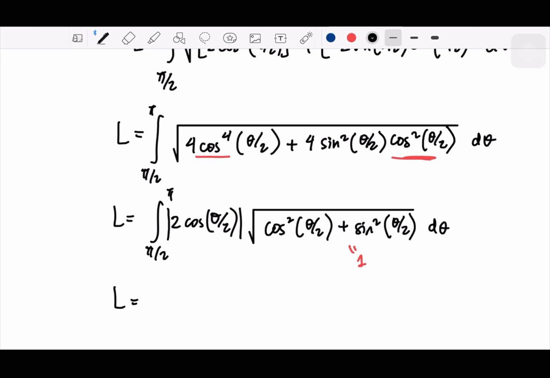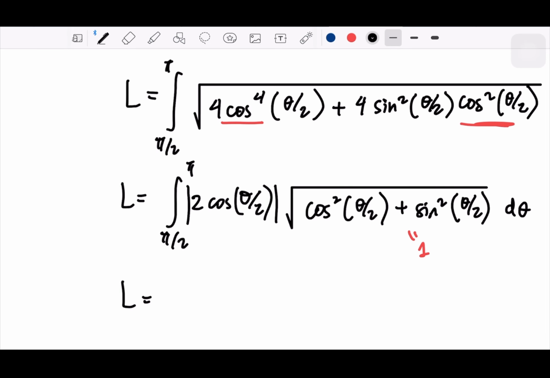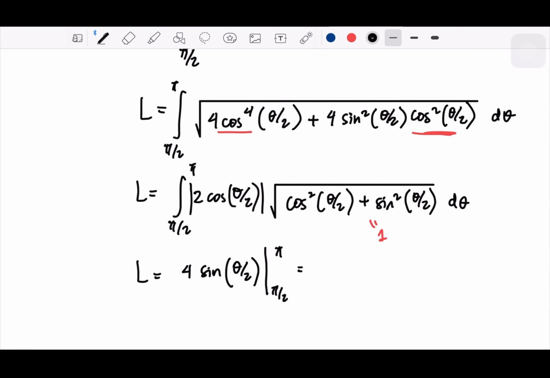So this will be equal to cosine theta over 2, which gives sine if we integrate, right? But since we have a half, this will be multiplied by 2. So 4 sine theta over 2, from pi over 2 to pi.